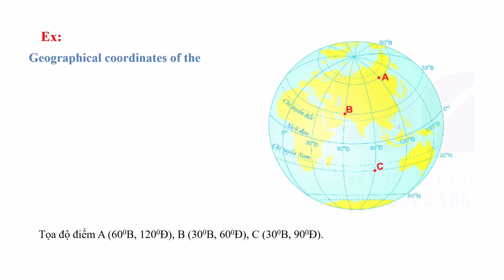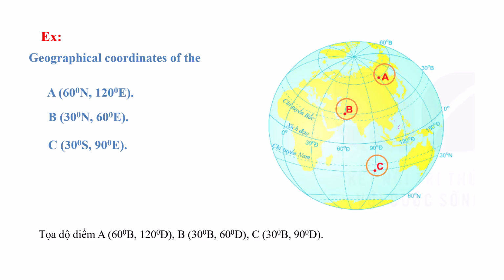Now, geographic coordinates of A: 60 degrees north, 120 degrees east. B: 30 degrees north, 60 degrees east. C: 30 degrees south, 90 degrees east.